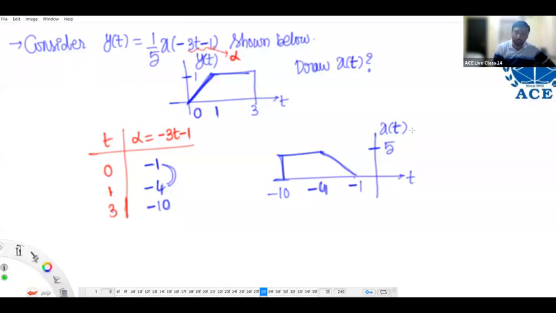If any one of you are having doubt, you know how to get x of minus 3t minus 1 also. Draw 100%, you will get that graph y of t. There is no need to think of the reverse operations to be done, sir. That is quite lengthy.